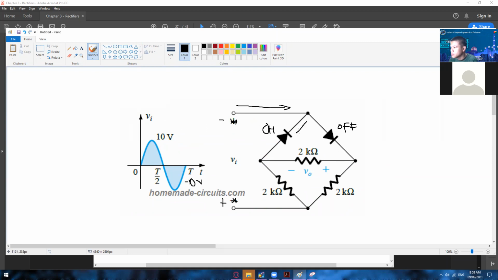So as a result, it will only flow in this diode. Some will go on this side, and some will go on this side, and then they will meet again right here. And then we will have a reading of negative 10 volts. That is why this will accept both positive and negative cycle.